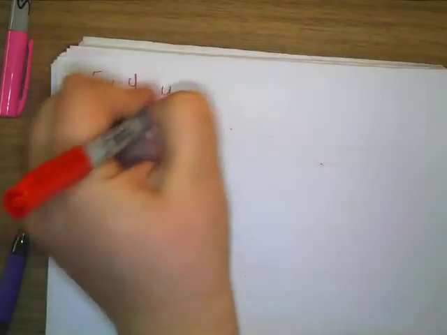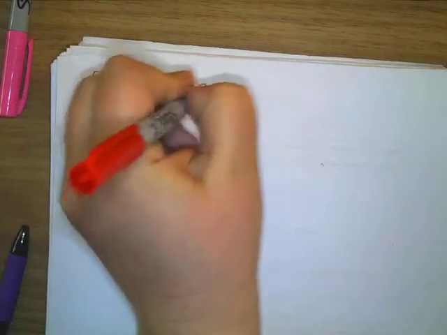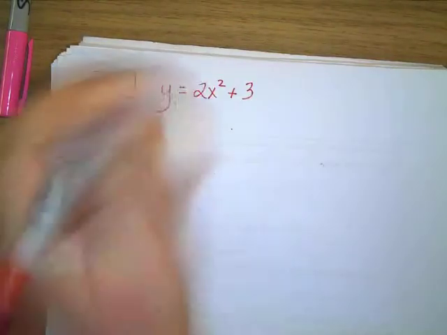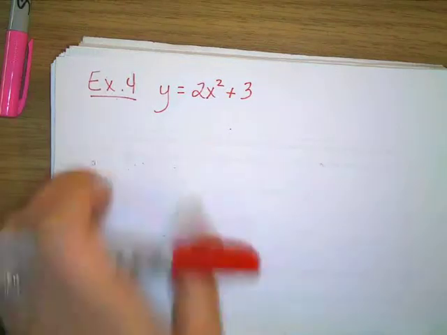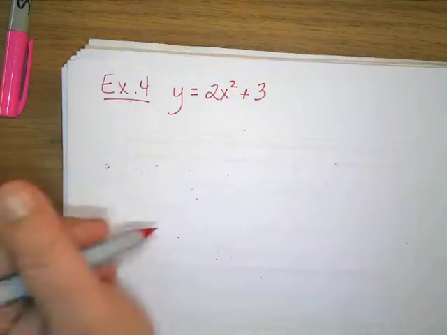All right. So now we're going to put a couple pieces together here. So example 4. So we're going to graph this. This will be on your graph paper, on your third little graph piece of paper.